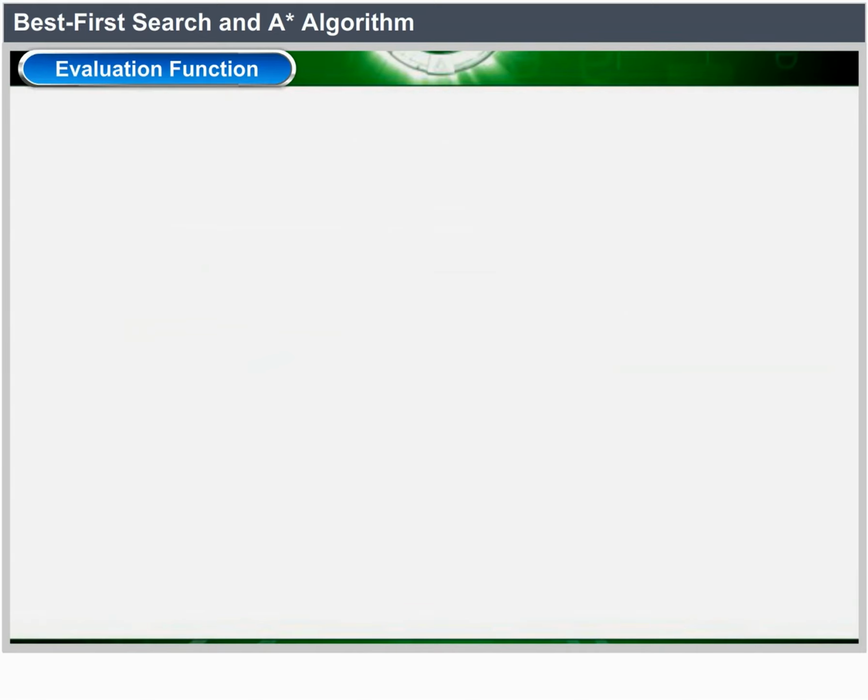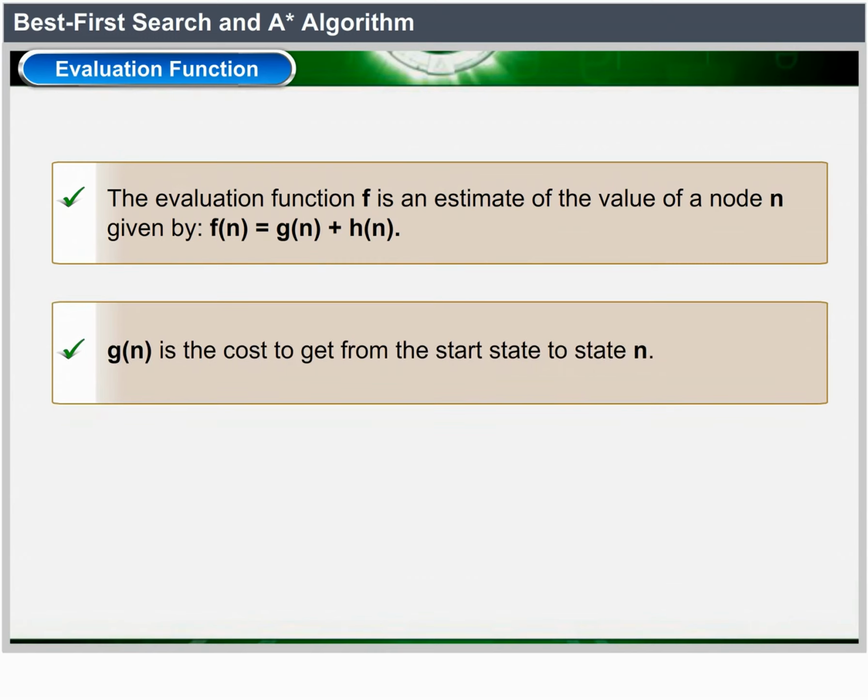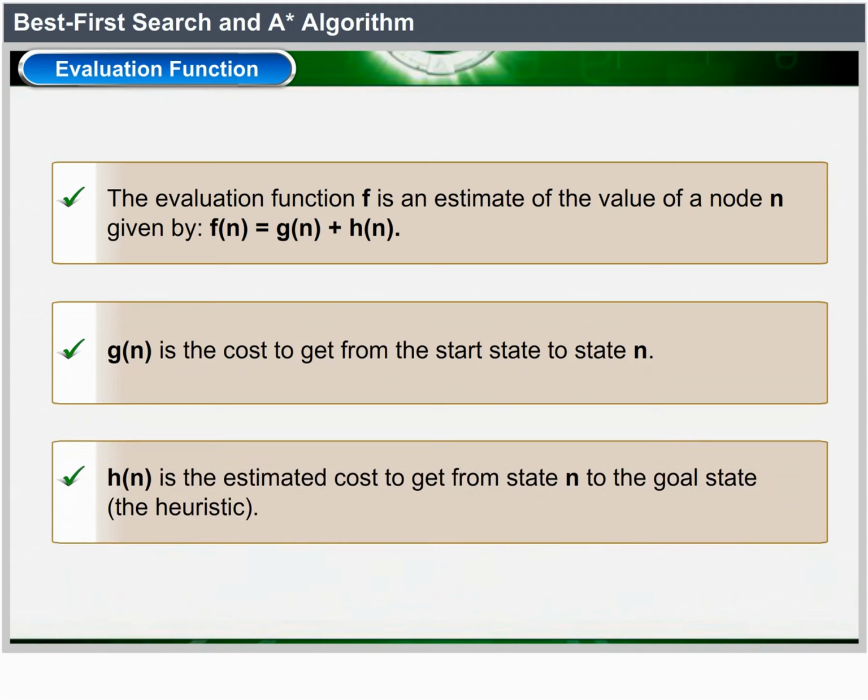Evaluation function: f is an estimate of the value of a node n given by f(n) = g(n) + h(n). g(n) is the cost to get from the start state to the state n. h(n) is the estimated cost to get from the state n to the goal state, the heuristic.